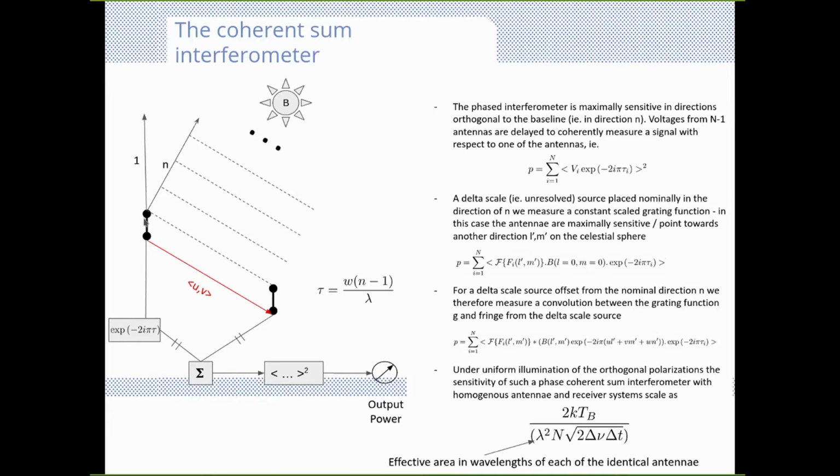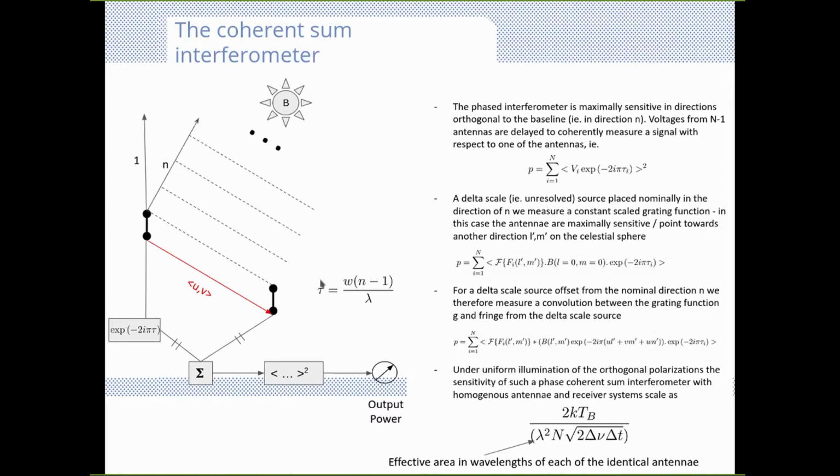If you want to have it sensitive towards any other point on the sky, so any other direction, then the delay difference, a bit of cable essentially you can think of between these antennas connecting them to an integrator, so a sum here, is going to be given by this delay term.